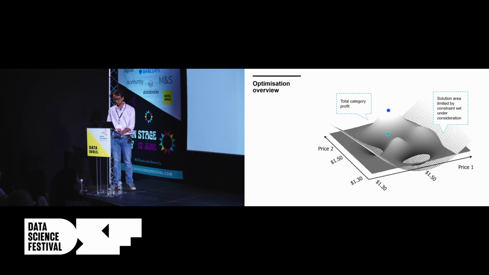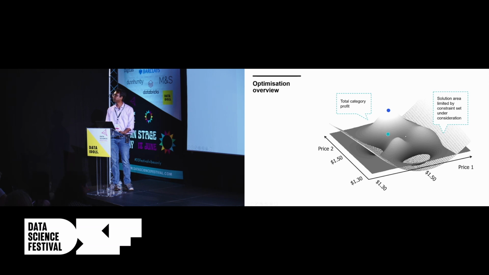The price of one product is shown on this axis, and the price of the other product is shown on this axis. And then the total profit of the category is shown by this gray shaded area. And the grid or this mesh type of thing is showing what are the constraints that we need to consider.